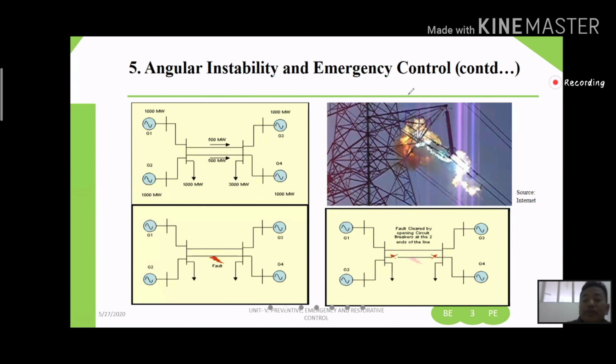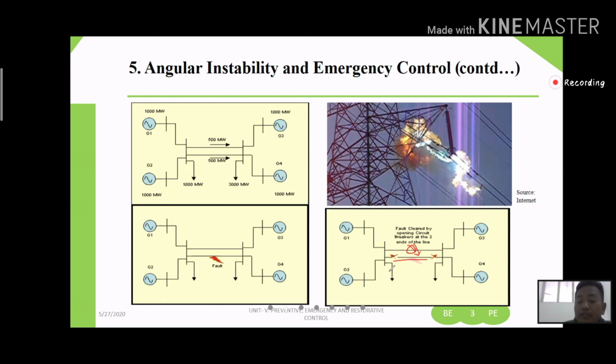But why we have to do emergency control here is, if we keep on like this for a longer duration, what will happen if a fault occurs in this line? If this line has not been restored, you have not done any maintenance, restoration, or emergency control in this line, and you have kept it as it is because it is within the limit. But if a fault occurs here, a complete blackout may happen.